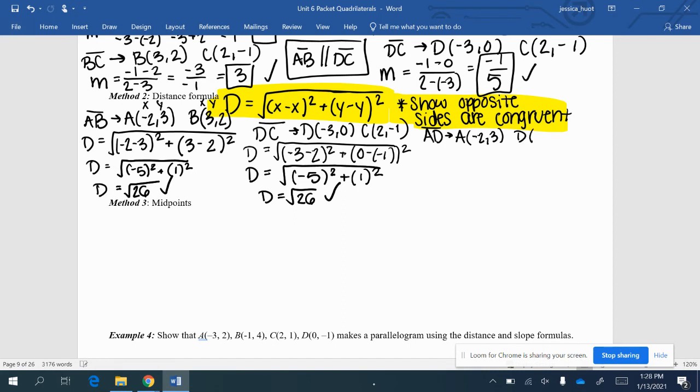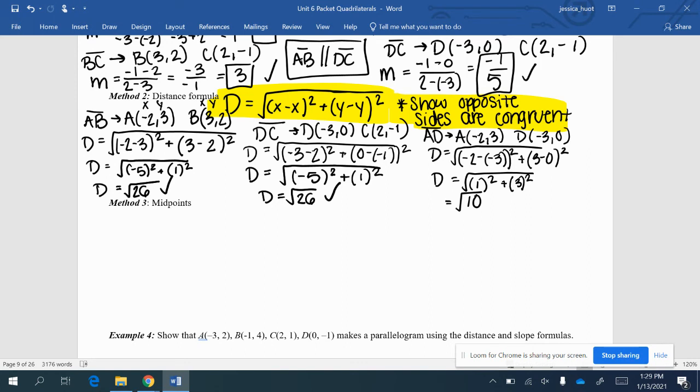D is at -3, 0. Okay, so that's the square root of 10.